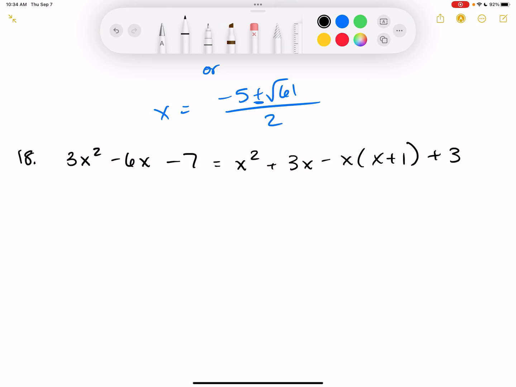Any ideas where I should start? Distribute the x. With that, would we distribute it as a negative x? Yes, I would go ahead and do that. So 3x squared minus 6x minus 7 is equal to x squared plus 3x minus x squared minus x, then plus 3.